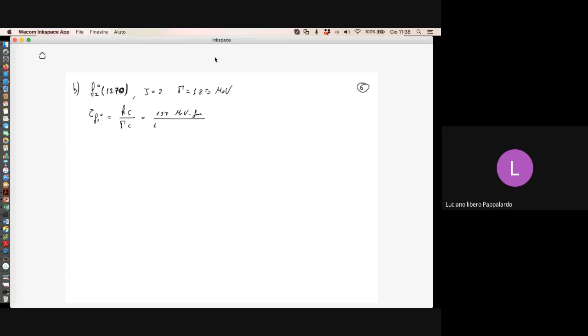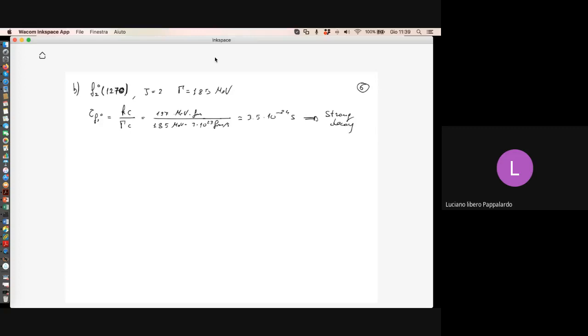And then on the denominator we have 185 MeV times the speed of light, 3 10 to the 23rd Fermi per second. And the result of this is 3.5 10 to the minus 24 second. So clearly, again, this is a strong decay.